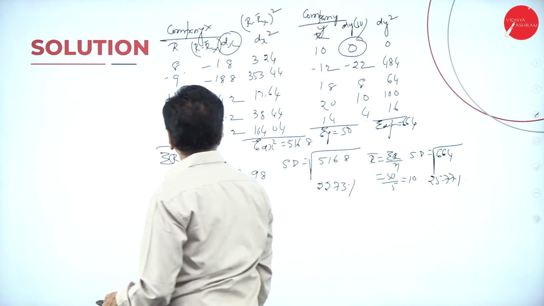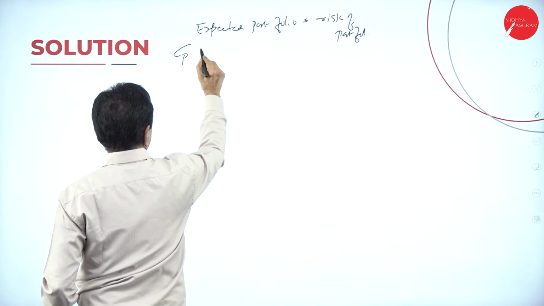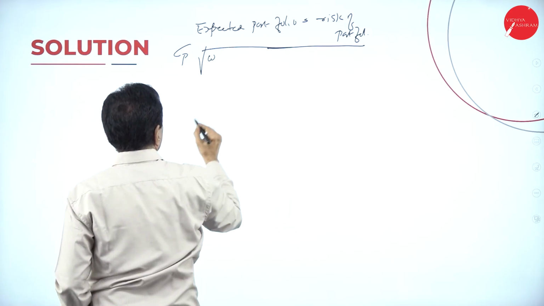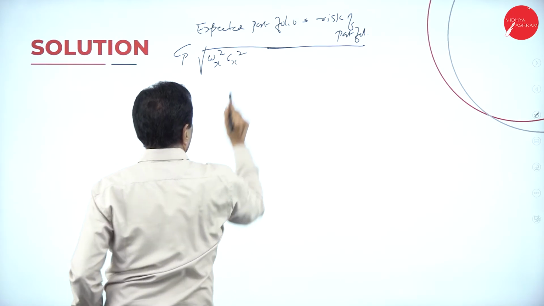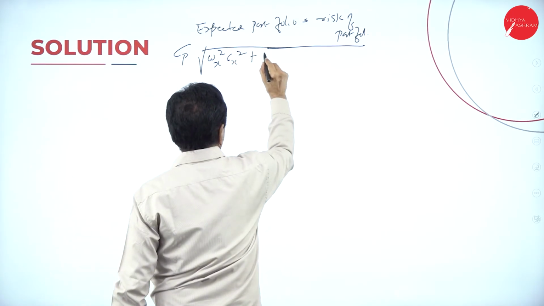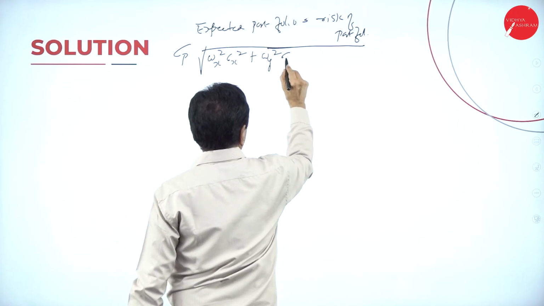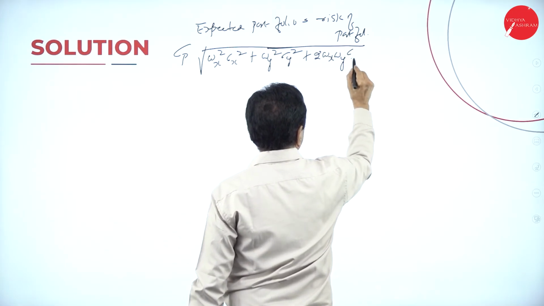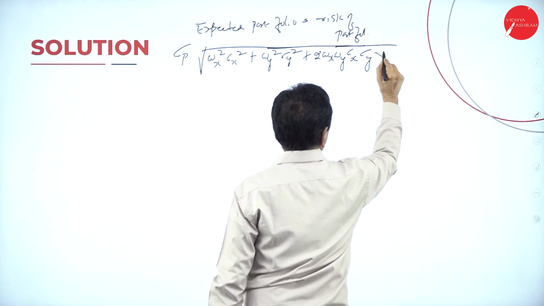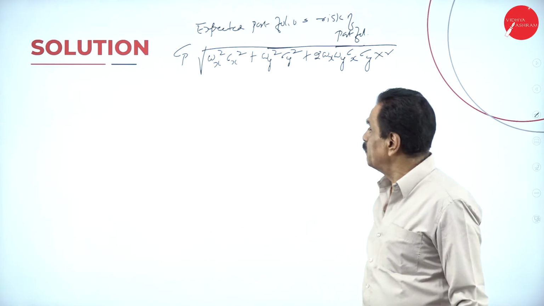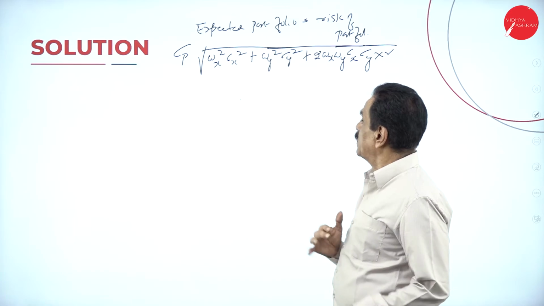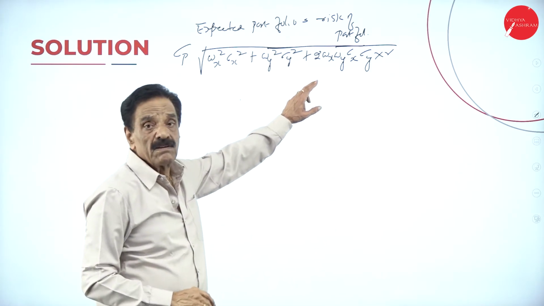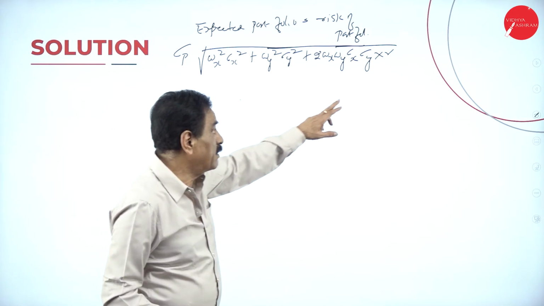So the formula goes here. Sigma P is equal to root of W x whole square, standard deviation x whole square plus W y whole square, standard deviation y whole square plus 2 into Wx, Wy, standard deviation x, standard deviation y into R. I will repeat that.